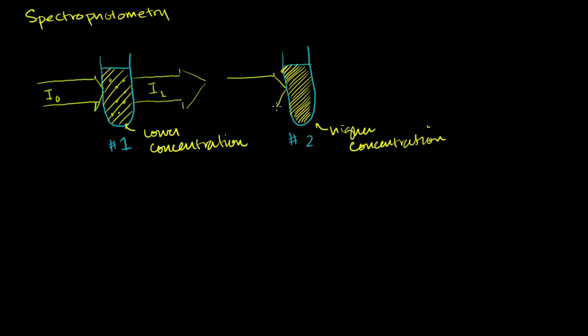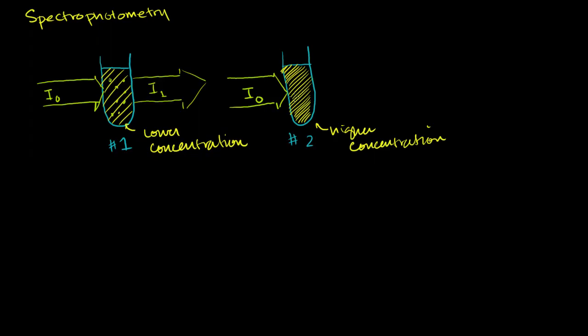Now, if we shine the same amount of light, I0, into this beaker, at the same intensity, what's going to happen? Well, more of those specific frequencies of light are going to be absorbed as the light travels through this beaker.